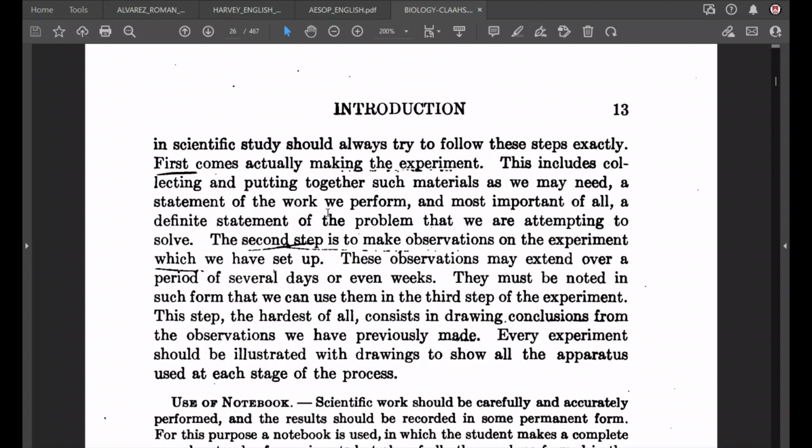The second step is to make observations on the experiment which we have set up. And the textbook explains to us that these observations may extend over a period of time.